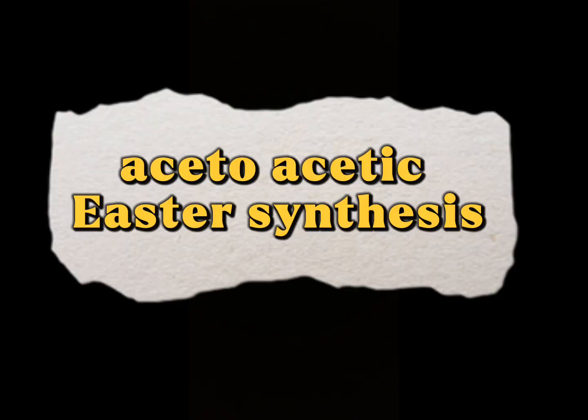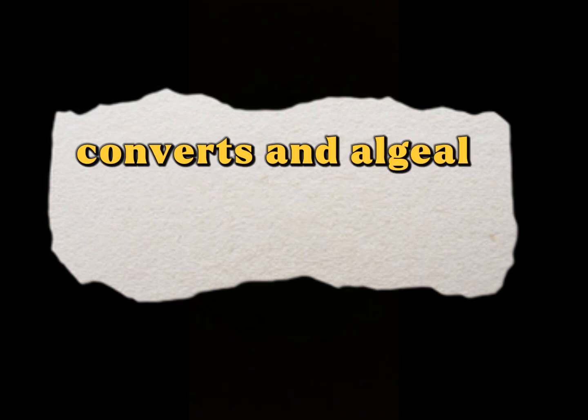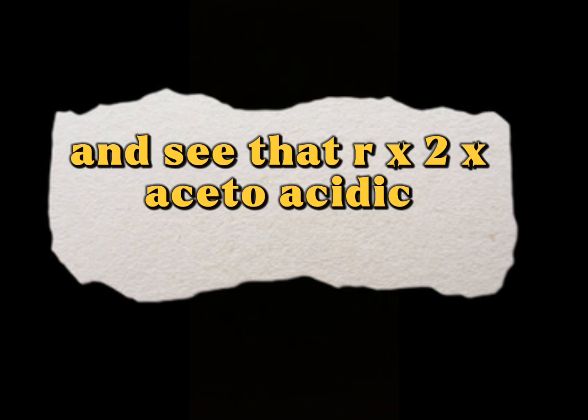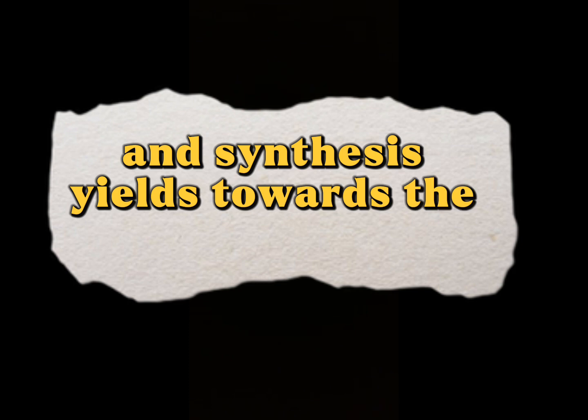Acetoacetic ester synthesis. Overall, the acetoacetic ester synthesis converts an alkyl halide into a methyl ketone. So in the figure below, you can see that R reacts with X, and the acetoacetic ester synthesis yields the product.